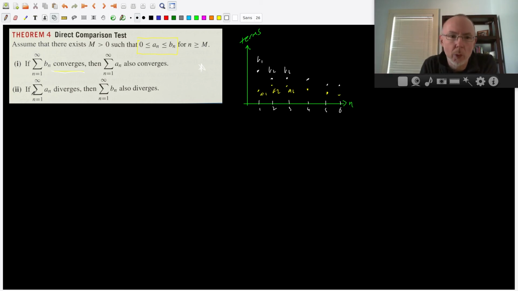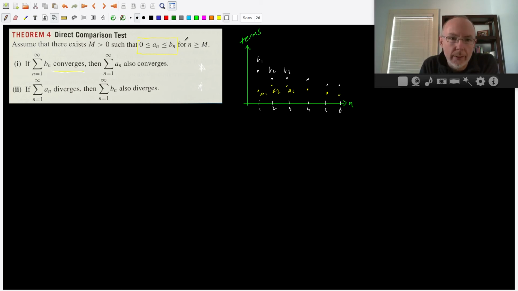So when I take the smaller numbers and add them, and that series diverges, then the list of the bigger numbers, when I add them together, must also diverge. So it's just the other side of the coin. One is I've got a convergent series above, and so anything below is going to converge as well. And the other one says I've got a divergent series below, and so anything above has to diverge as well. I'm sorry.